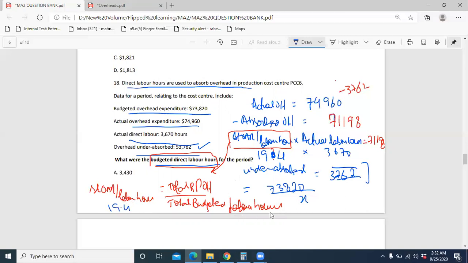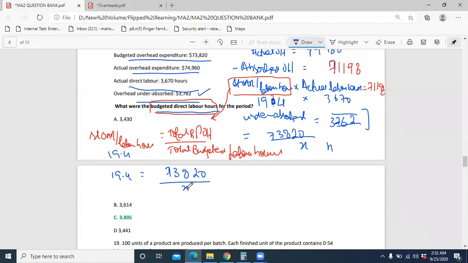Now, can you calculate your budgeted labor hours? Yes, now I can do that. Bring X, it's dividing, bring X over there, and standard OAR, let's take it there. So here, 19.4 is equal to total budgeted production overhead, which is 73820, divided by X, and I need to calculate that X. So I can switch its places.